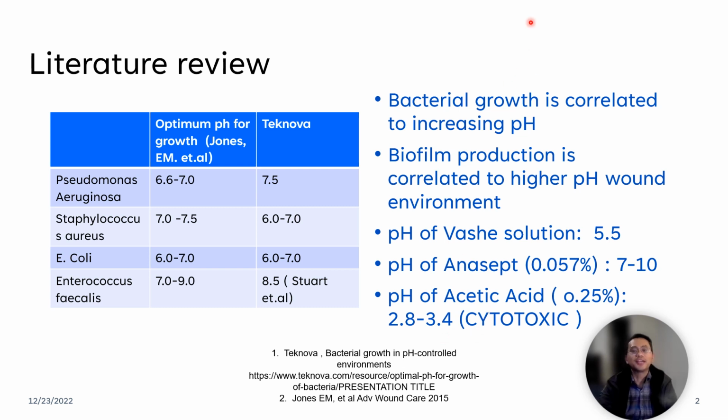So now looking at this table here, between the Vashe and Anasept, which would favor the growth of Pseudomonas, Staphylococcus, E. coli, and Enterococcus faecalis? Looks like you know the answer, right?